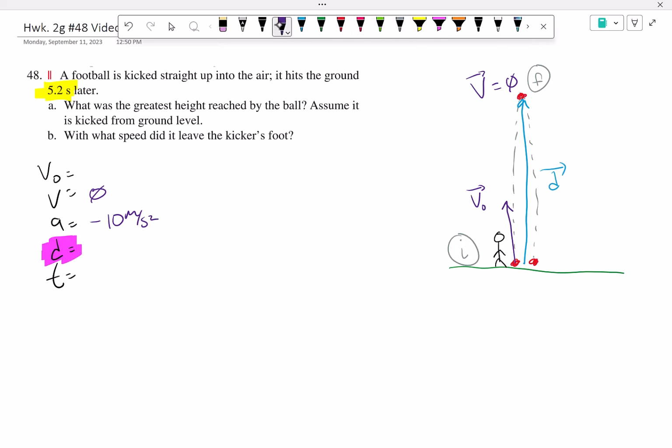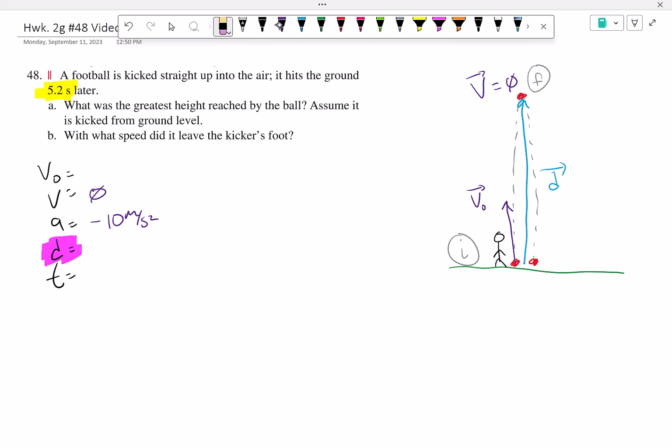And then time, I do know, well, I almost want to say 5.2 seconds, right? Because that's what was given to me. But I need to be careful. They're saying that the football player kicks it up into the air, and then it hits the ground 5.2 seconds later. So that means that from here to here was a total time of 5.2 seconds.